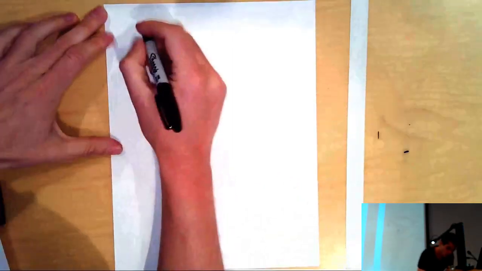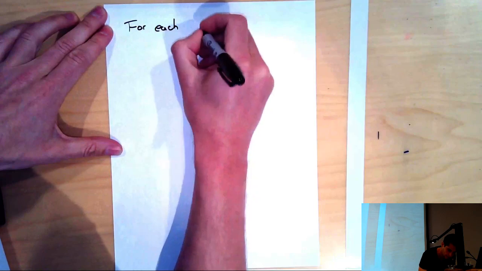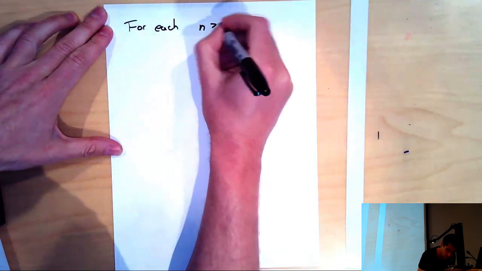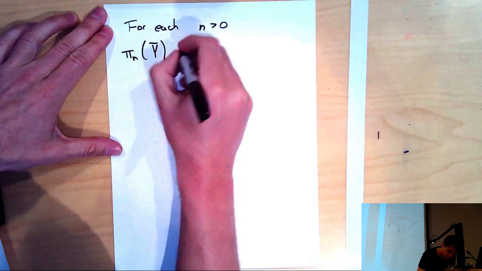Okay, so what does this let me do? Well, now for each n, let's say greater than 0, I can talk about pi n of y bar.